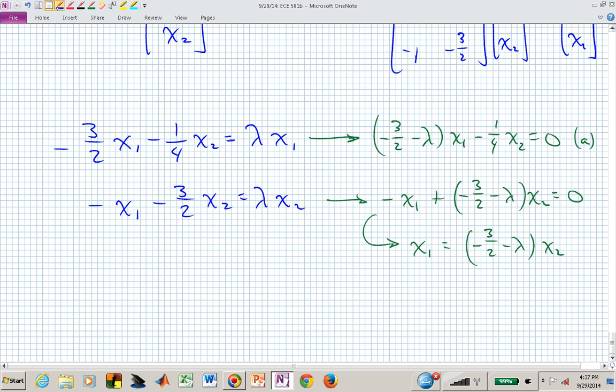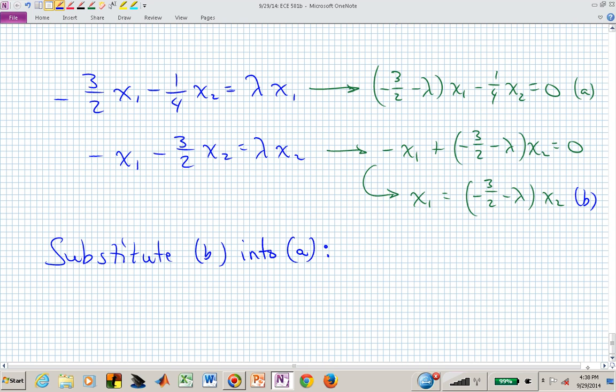We can use that relationship for x1 to eliminate x1 in equation A. If I now call this equation B, let me substitute B into A. So that now I can eliminate x sub 1, and I have minus 3 halves minus lambda times minus 3 halves minus lambda x sub 2 minus 1/4 x sub 2 is equal to 0.